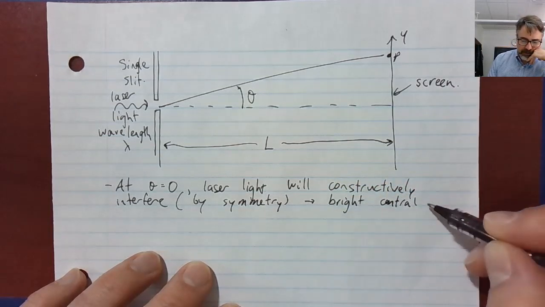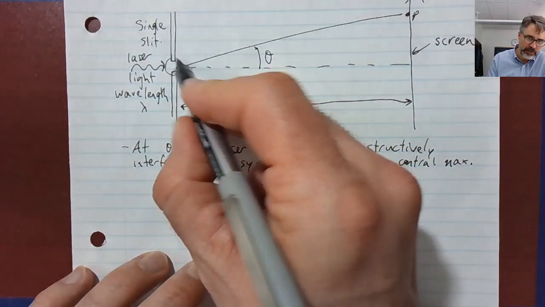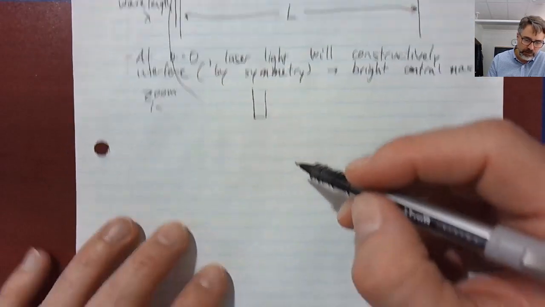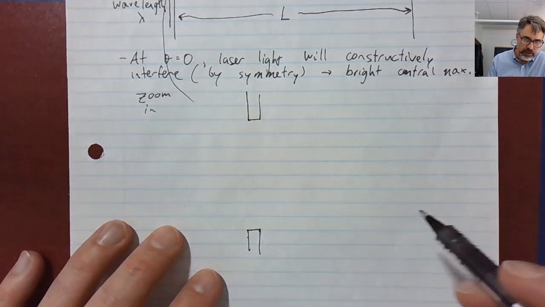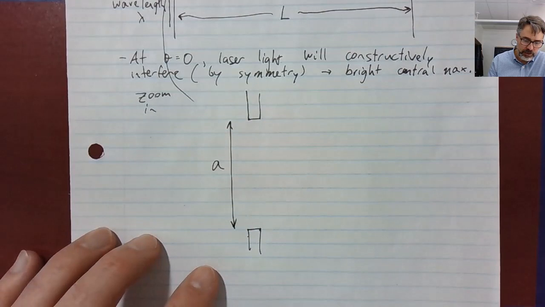Now you want to find where it gets dark on either side of the maximum. The way you do this, again, we'll zoom in on this little part here. So there's the wall. We call the slit width a here, traditionally.